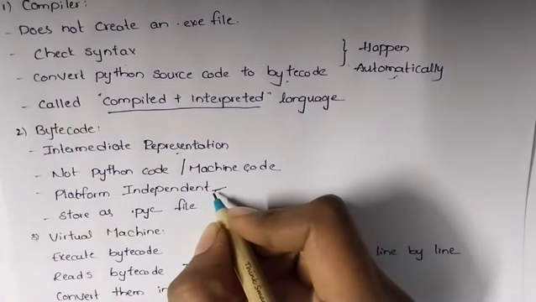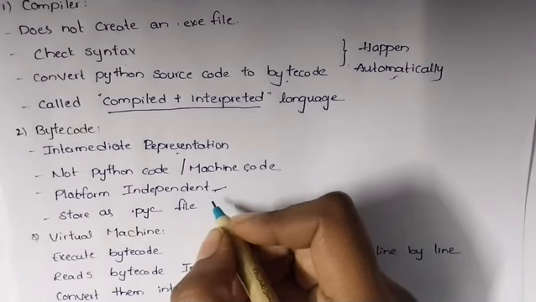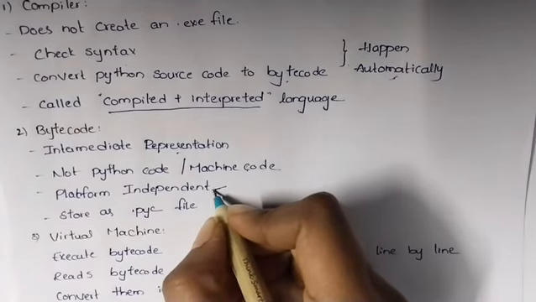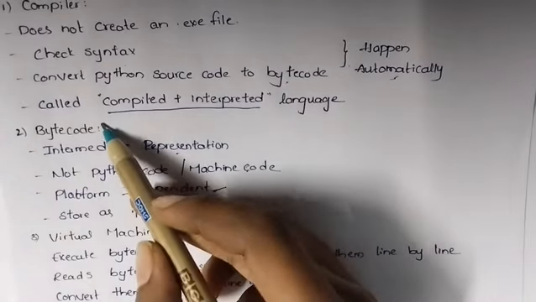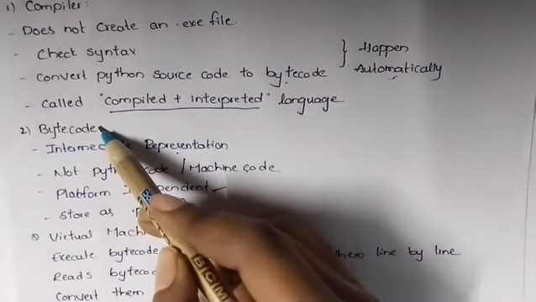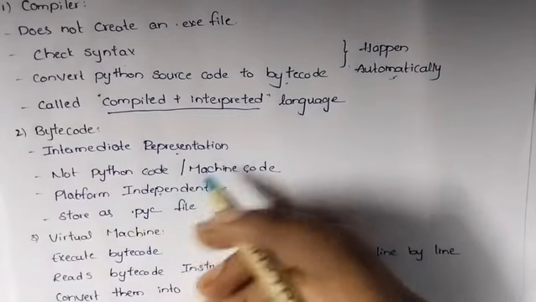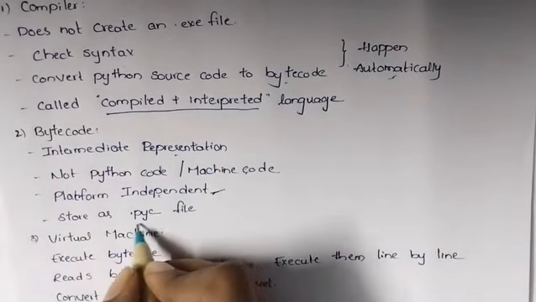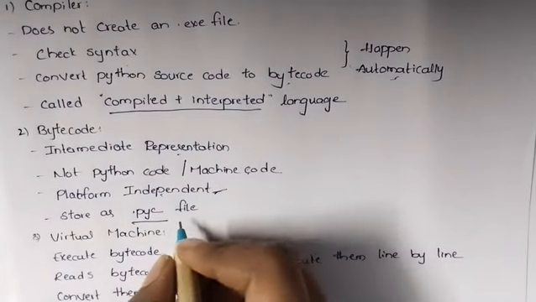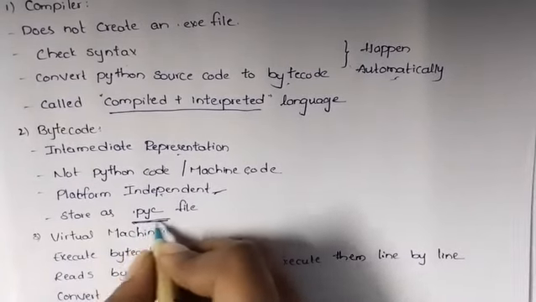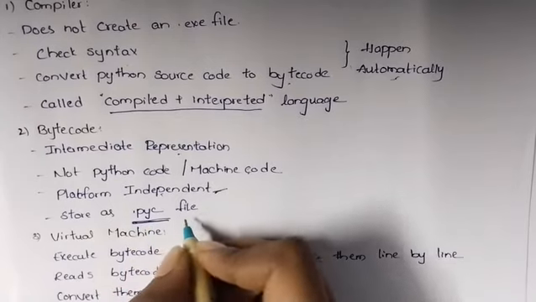We can run this on different operating systems, on different virtual machines. Once we execute it and the bytecode is obtained, it can be run anywhere. Okay, next, it is stored with the extension .pyc.